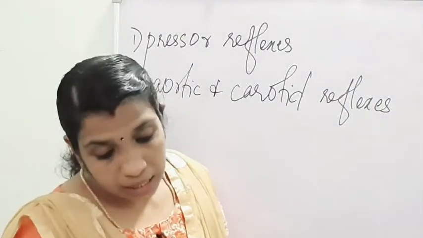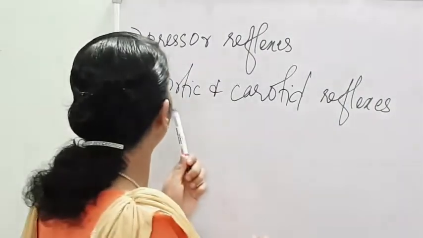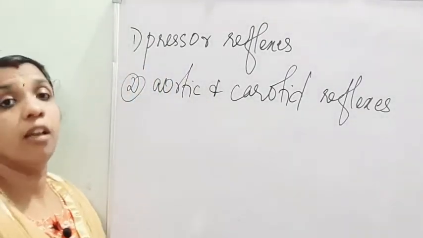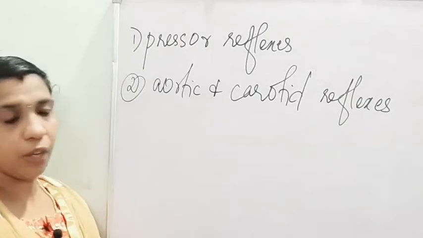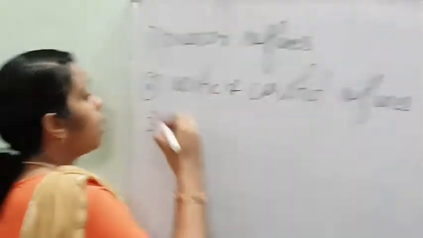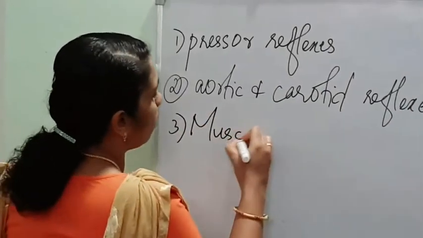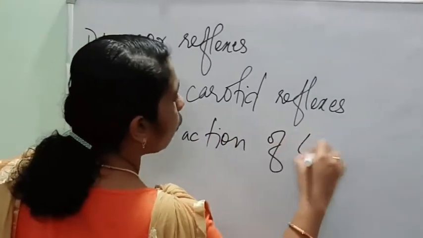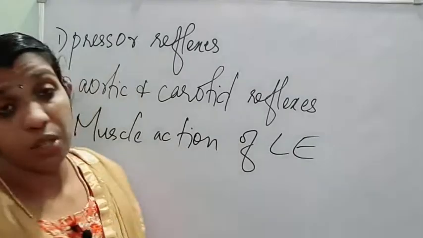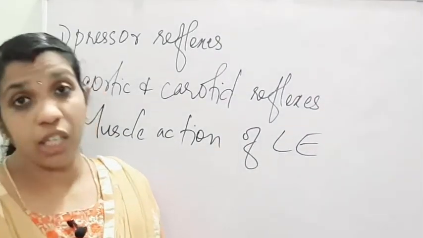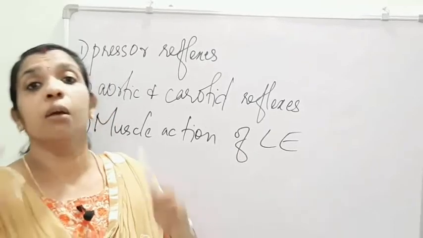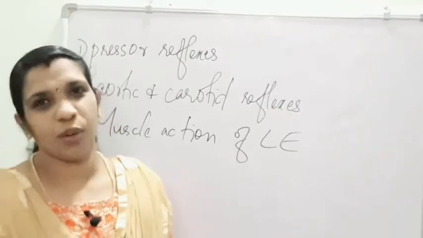These also will not allow the blood to pool downwards. And third is muscle action of lower extremities. These muscles will be continuously pumping the blood upwards, so that it will not allow the blood to pool in the lower part of the body.